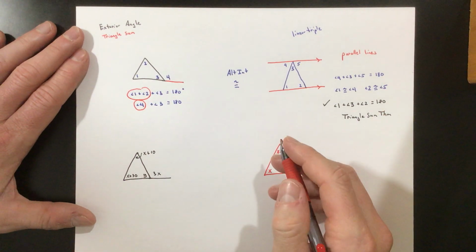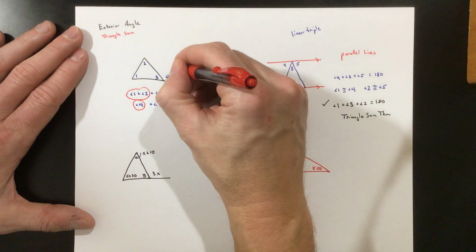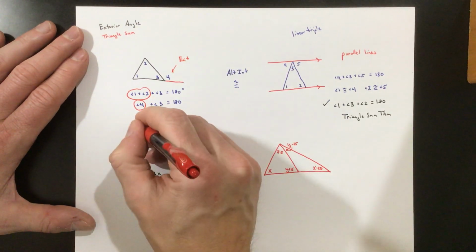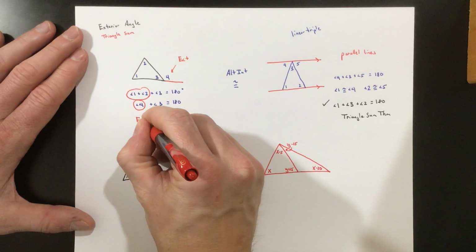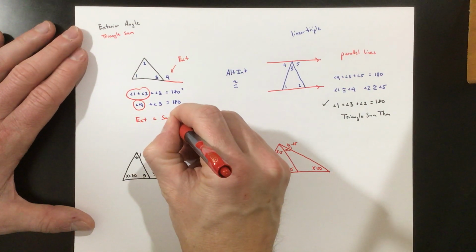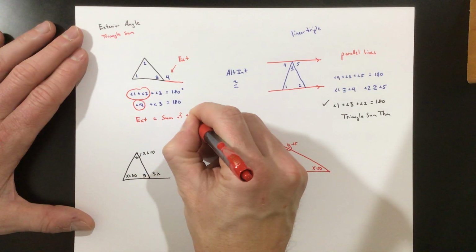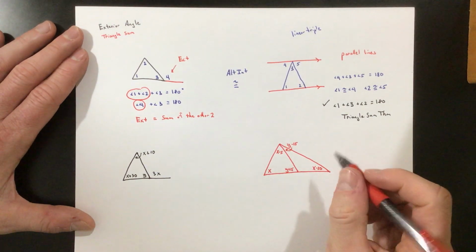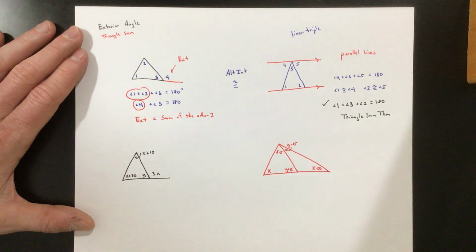And thus we get the exterior angle theorem. Angle 4 is what we call the exterior angle, and the measure of the exterior angle equals the sum of the other two angles. Okay? And we can do this in a variety of ways, right?